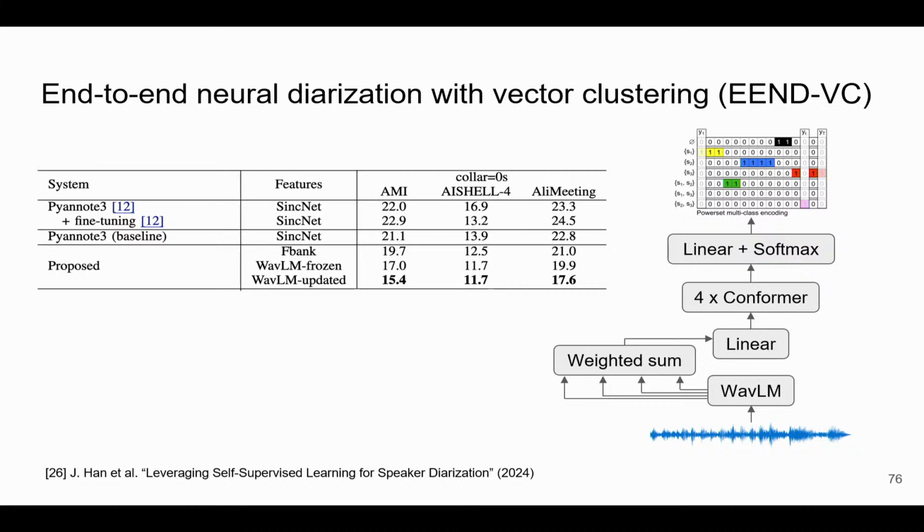No, this one with the FBank, that would be with the conformer. And then adding the WaveLM frozen or updated, you can see that you can still squeeze some more. And over these data sets, which are quite popular nowadays, all of them are meetings, so you have lots of overlap, quite some improvement over that public recipe. His repository is also public, so people can run it.